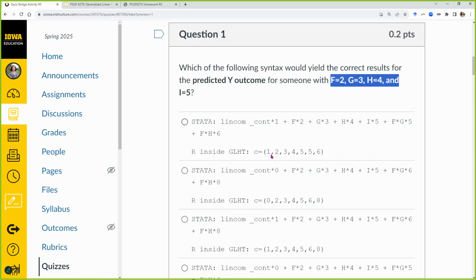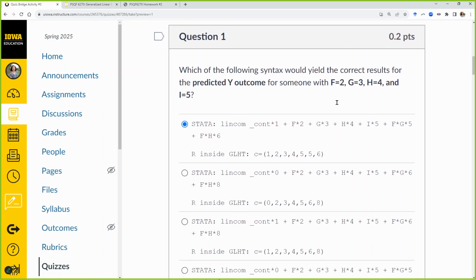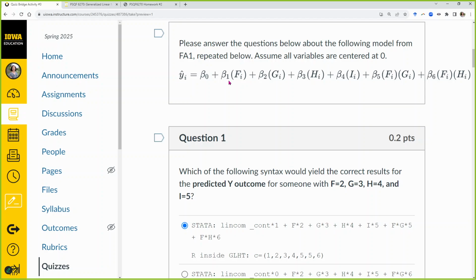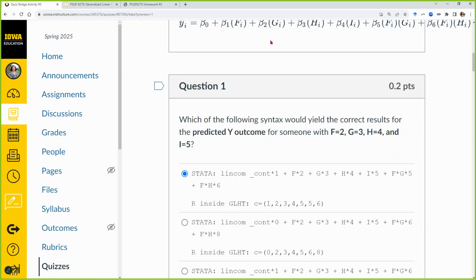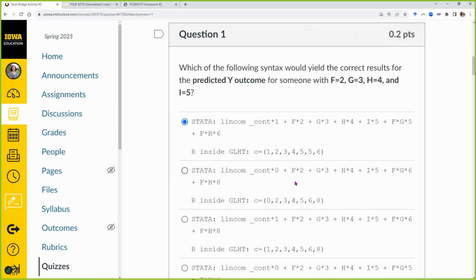So the values in here would be multipliers, what would go into the equation in the spots of the parentheses here. In Stata, the values are the same as what's on the end of these variables. And in Stata, when you type the name of a variable like f, you're not talking about f the variable. You are talking about the slope of f as estimated by the model. So f means beta 1, g means beta 2, and so on. But the numbers should match across.